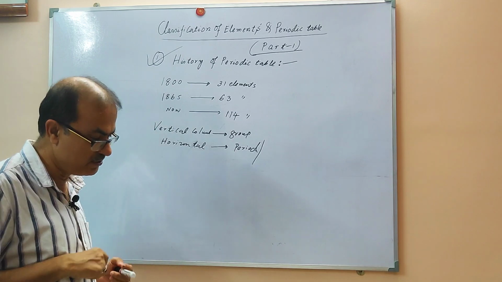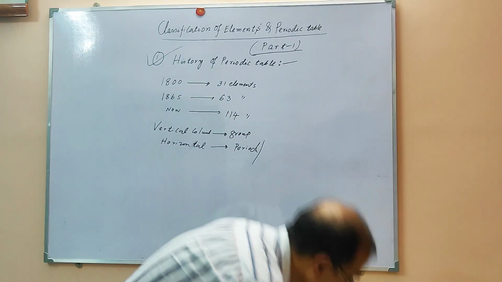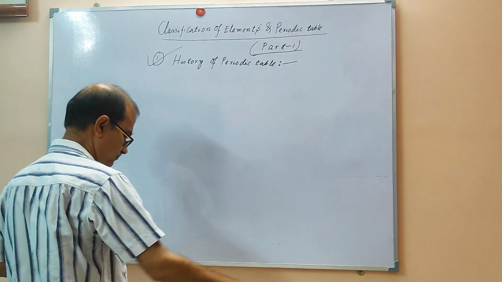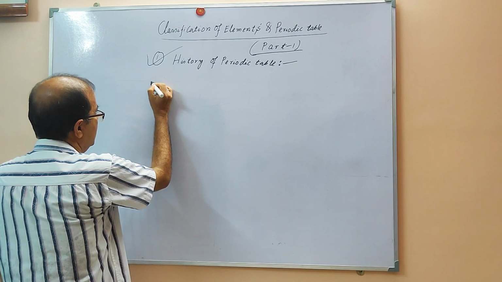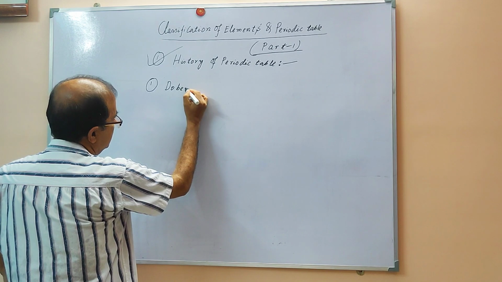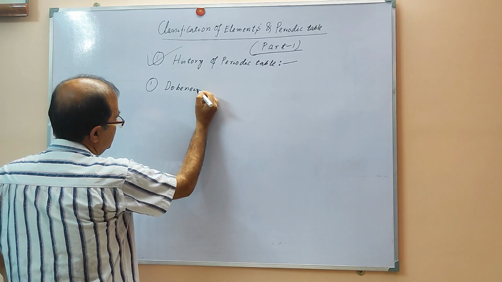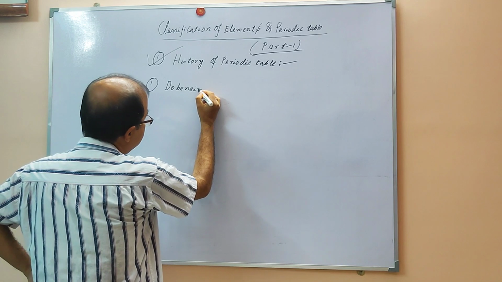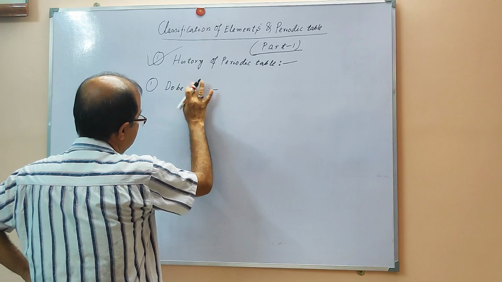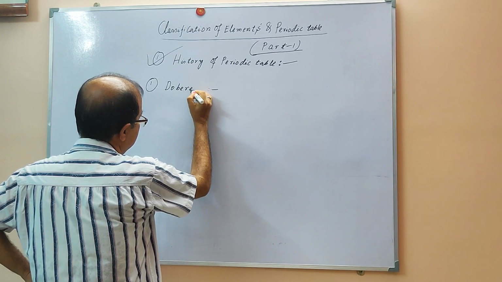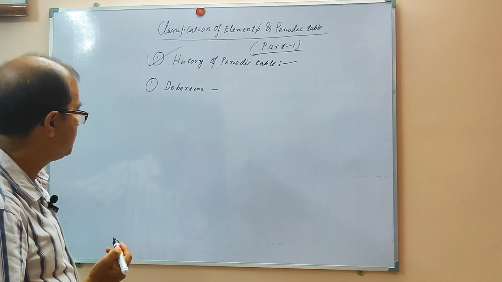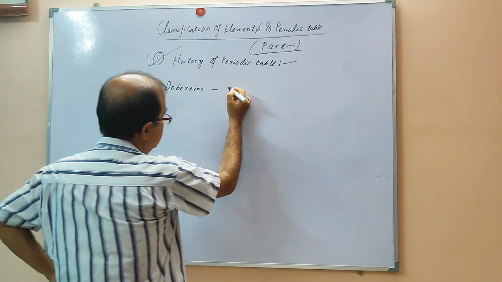So, what is the history of the periodic table? Let us understand. The first scientist is a German scientist, Dobereiner. Dobereiner was the first scientist, in the year 1800.